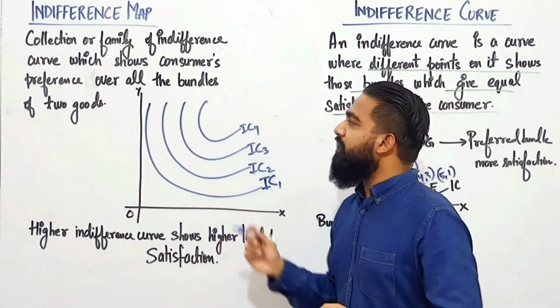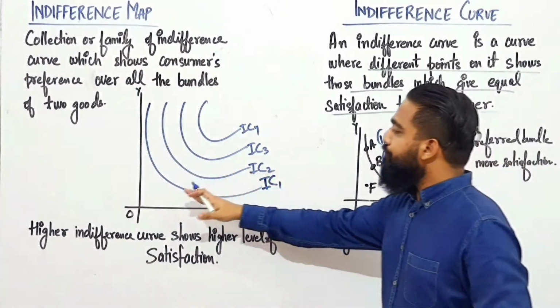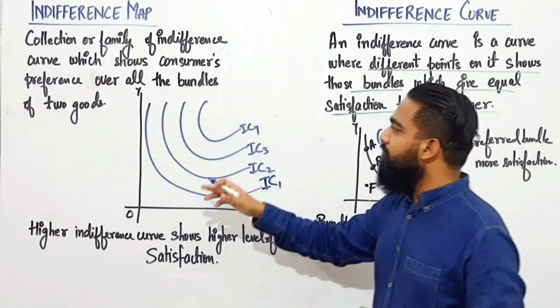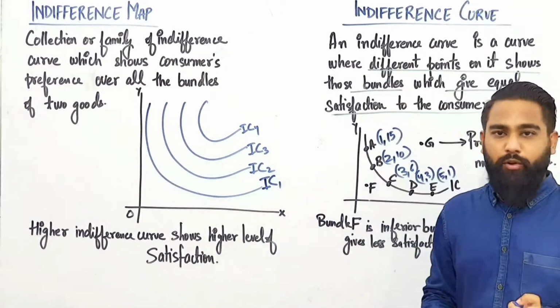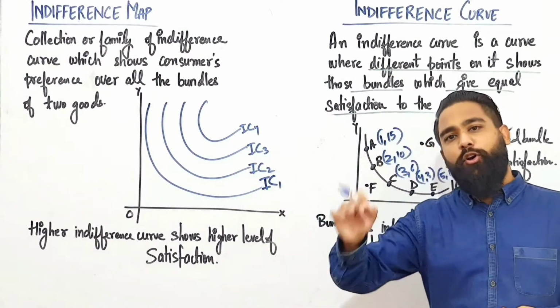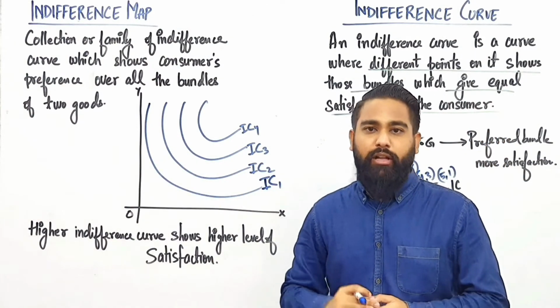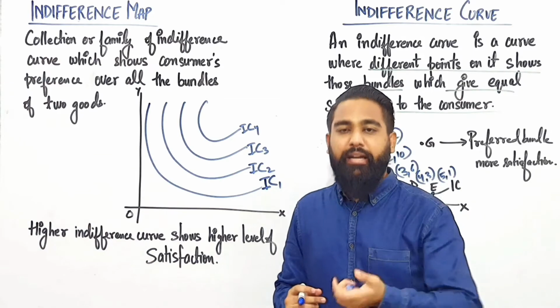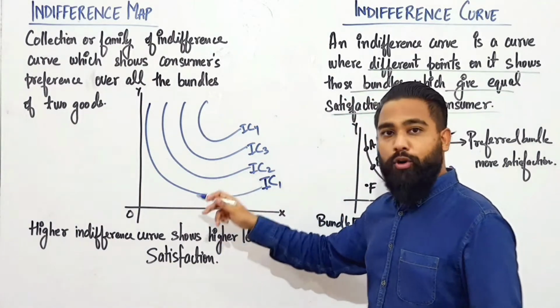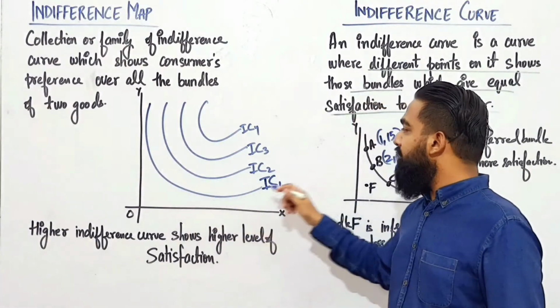Now these IC curves show the higher level of satisfaction which the bundles of goods are going to give you. Now I told you whichever point is on the rightward side, that will give the better level of satisfaction. So IC curve 2 gives more satisfaction than IC curve 1.